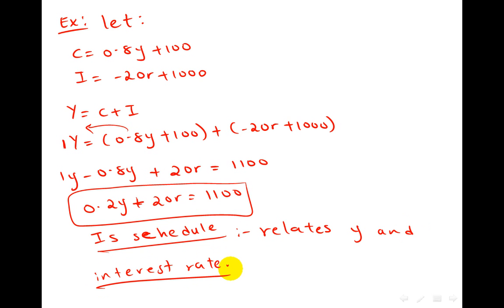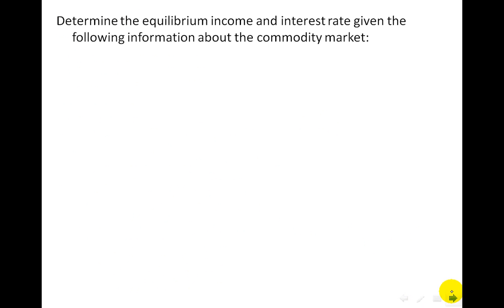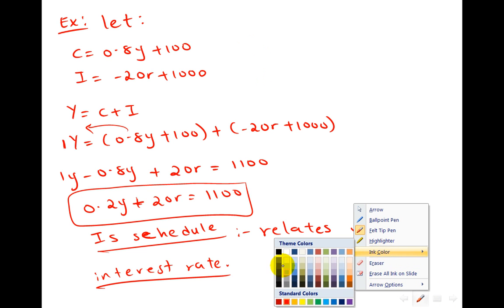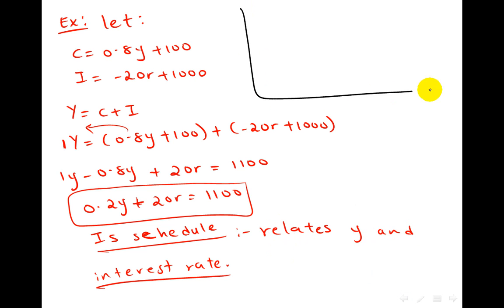Now we need equilibrium of the money market, where the supply of money matches the demand for money. Here you have MS equals MD. And what is MS?